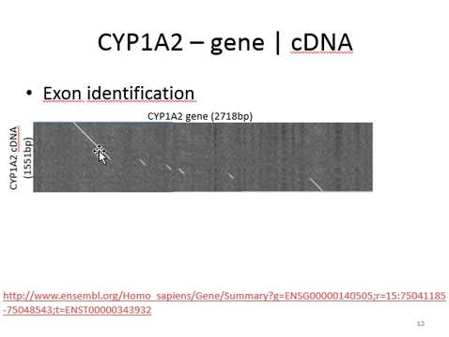So those are the exons. We count 1, 2, 3, 4, 5, 6 exons. The gene is bigger. It has a beginning that doesn't exist in the cDNA, and there's an end that doesn't exist in the cDNA.